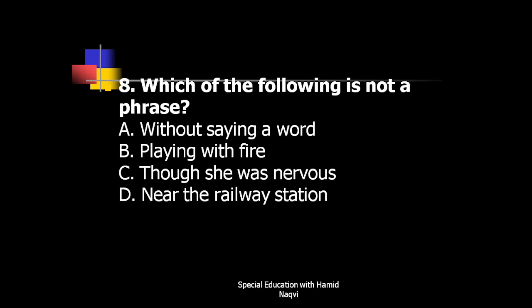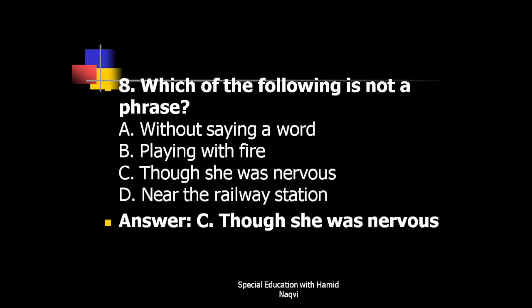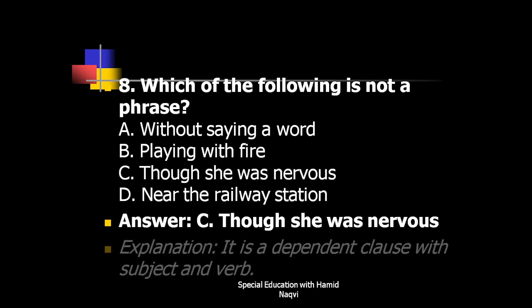Which of the following is not a phrase? Without saying a word, playing with fire, though she was nervous, never near the railway station. The answer is though she was nervous. And what is the reason?